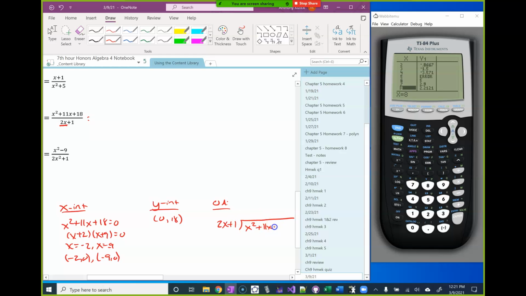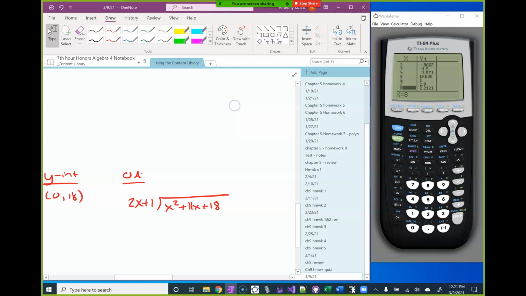So to do the polynomial division, I'm going to ask what times 2x gives me x squared? 1/2 x, right? 1/2 times 2 gives me 1, and x times x gives me x squared.